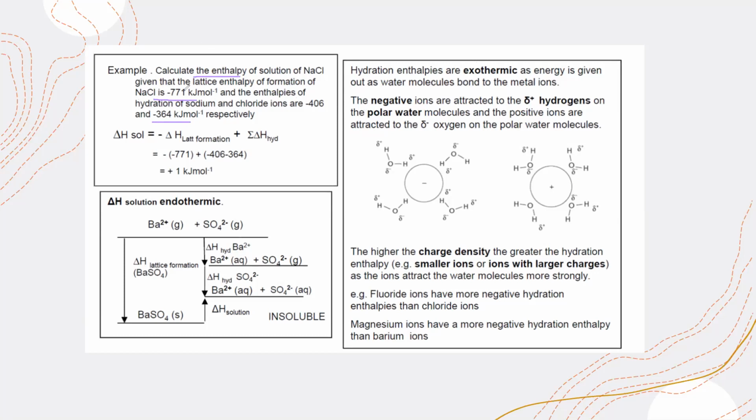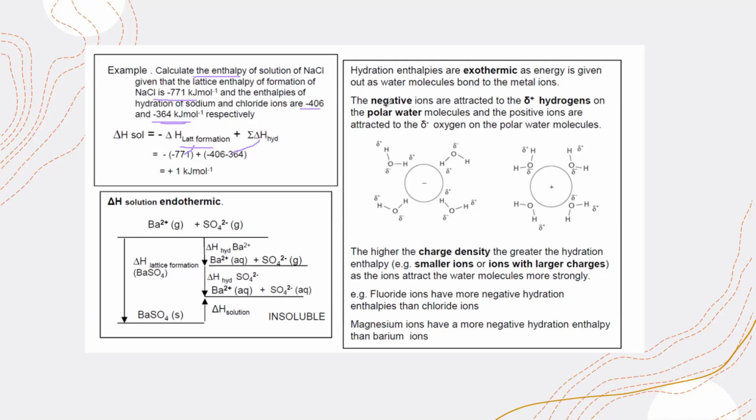So you substitute the values accordingly. This is sodium chloride, so it contains one sodium ion and one chloride ion.